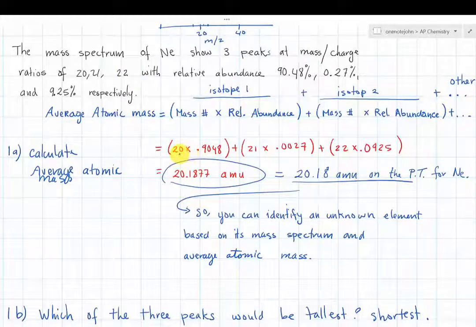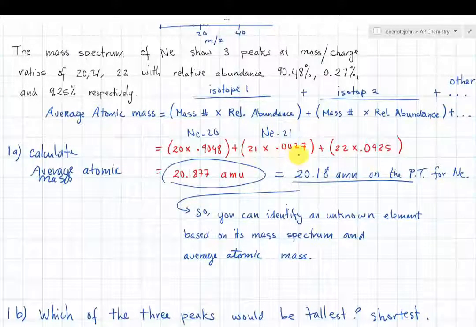We have 20 for the first isotope times the relative abundance. This is in percentage, so we have to convert to decimal by dividing by 100. So we have 0.9048. That's the first isotope, which you can call neon 20. Then we have the neon 21 isotope: the mass number times the relative abundance converted from percentage to decimal.